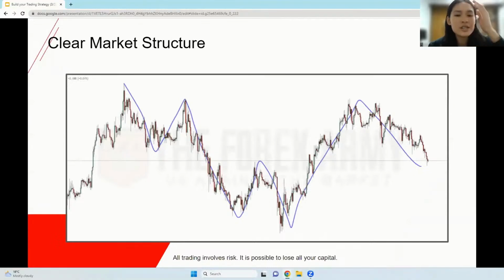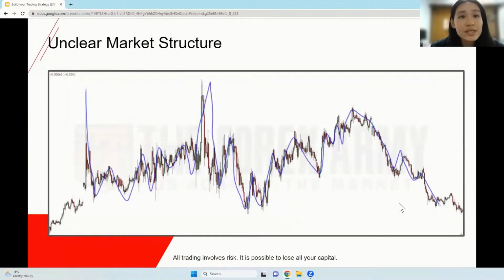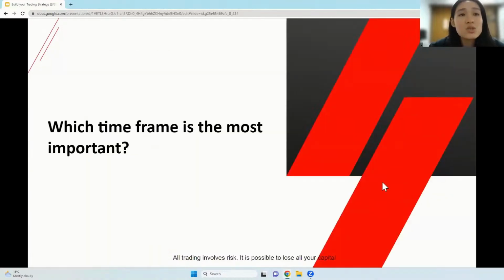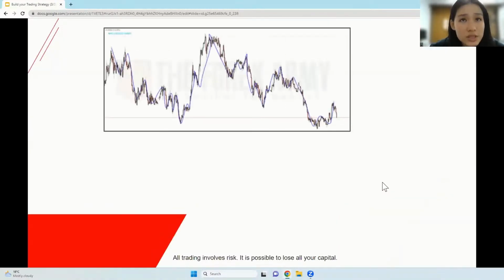Okay, so here is a clear market structure example. This is the structure that we're looking for when we are going in for our analysis or choosing which timeframes to use. And this is an example of an unclear market structure, one that we want to stay away from. Okay, so which timeframe is the most important for swing trading?